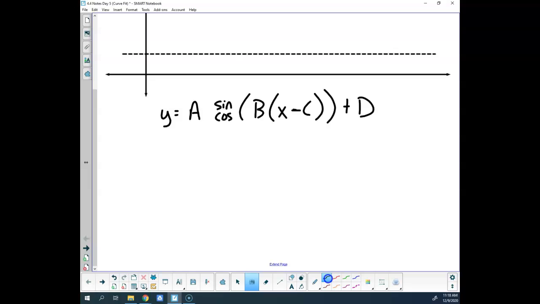So those pieces of 9 that we've been dealing with: we had the domain, the middle, the low, the high, amplitude, and the range.